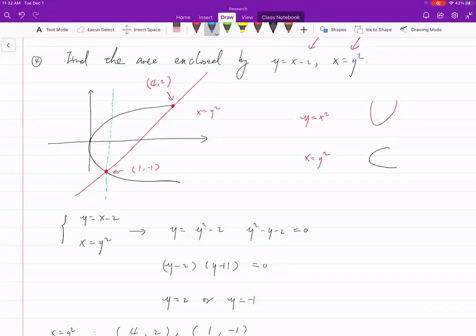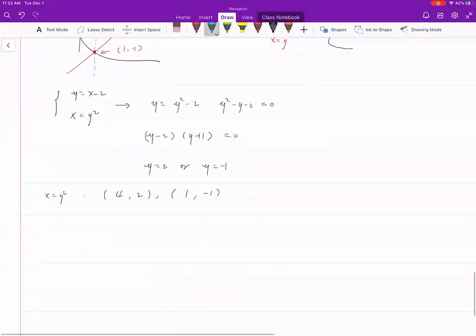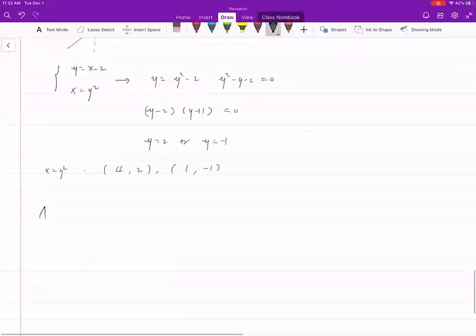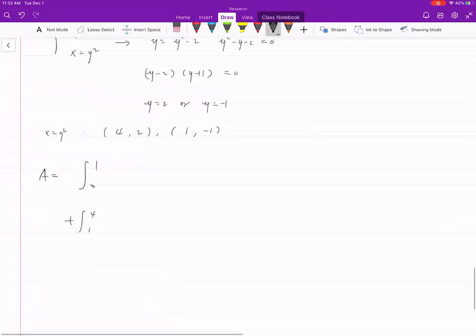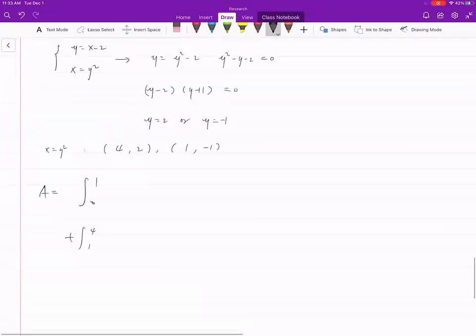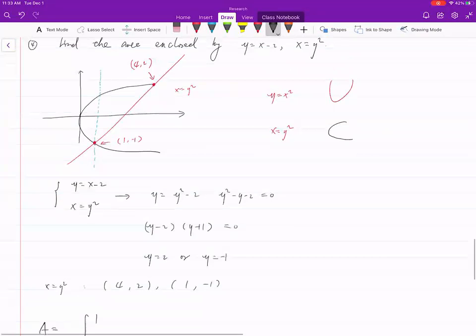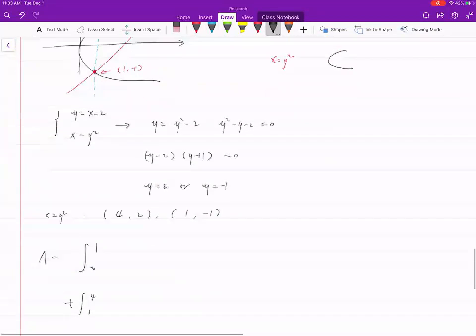On the left, the parabola is above the parabola. Still okay? So it should have 2 parts. Let me write it down. First part from here to here, parabola above the parabola. Second part from 1 to 4. That's clearly the parabola above the line.